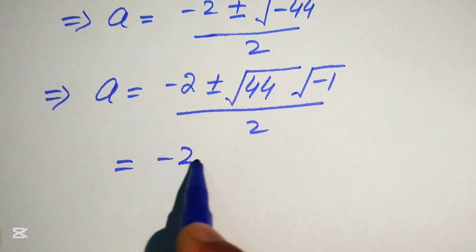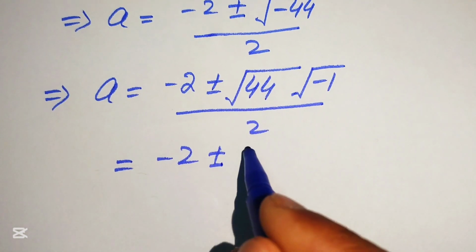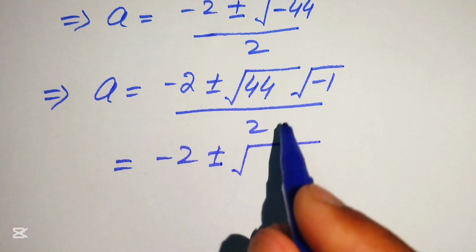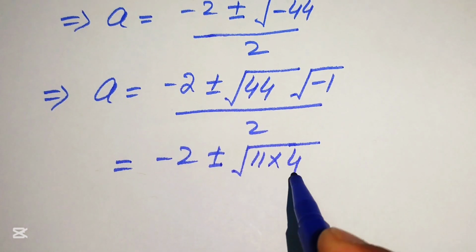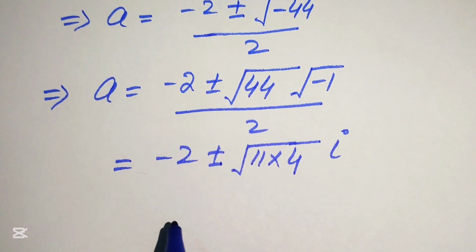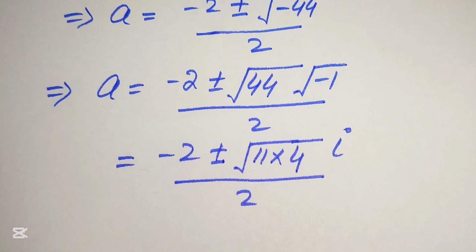And here we rewrite this as minus 2 plus minus, we write this 44 as 11 times 4, and we know that the square root of minus 1 is iota, and it is divided by 2.